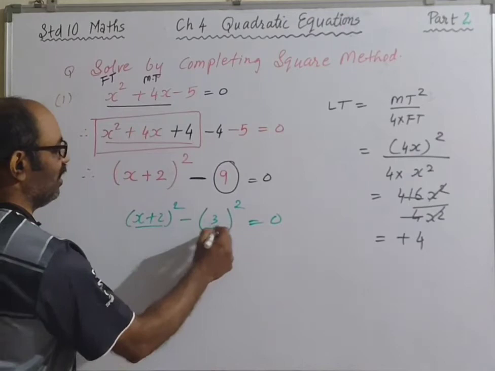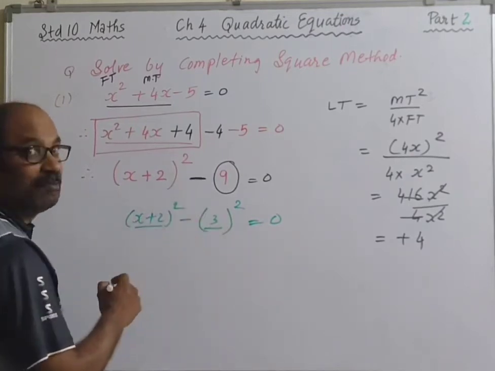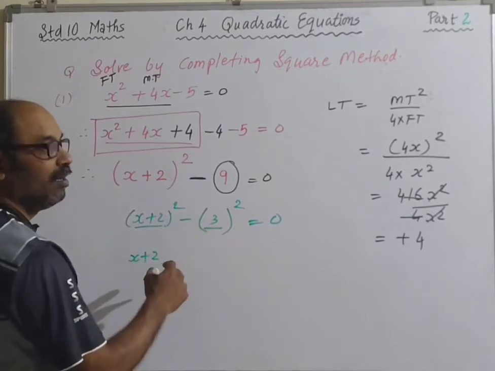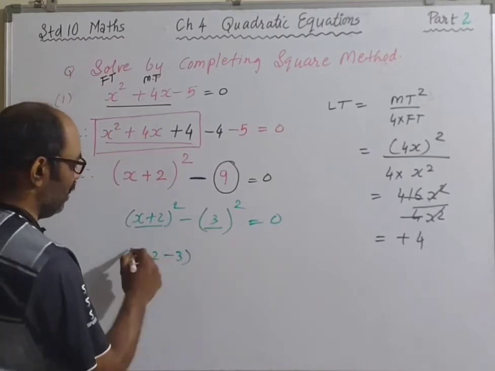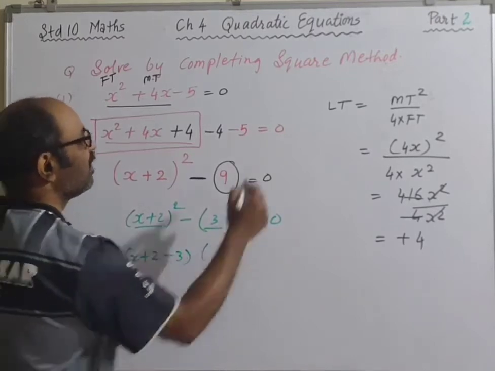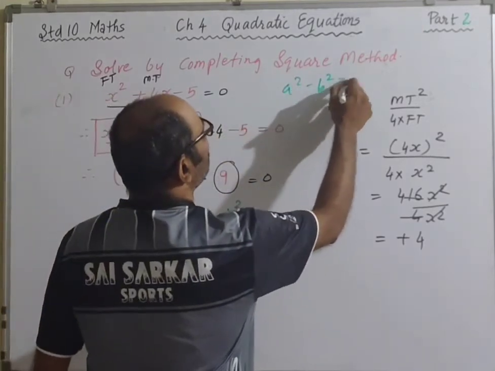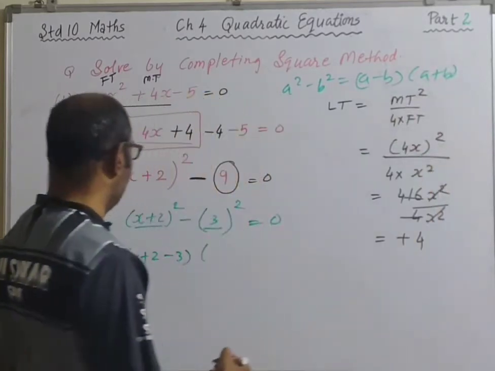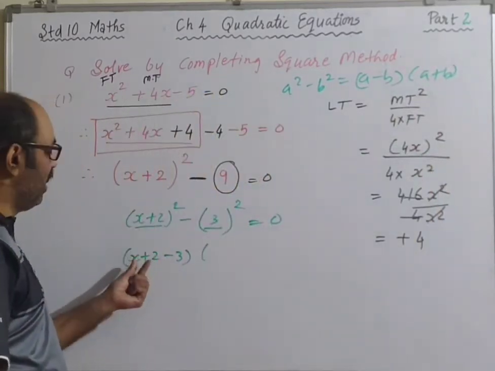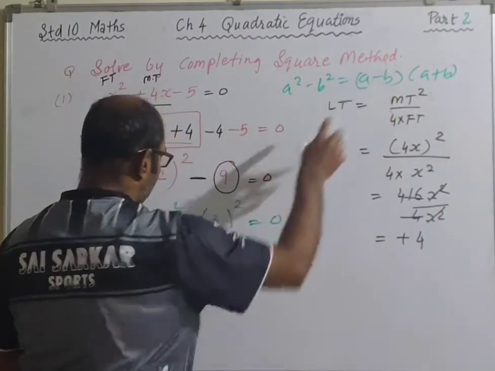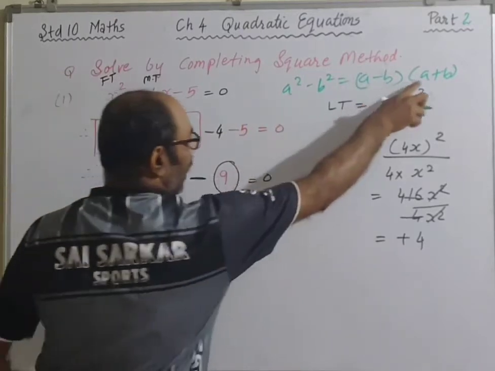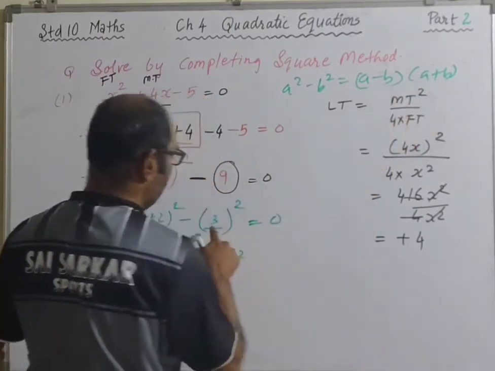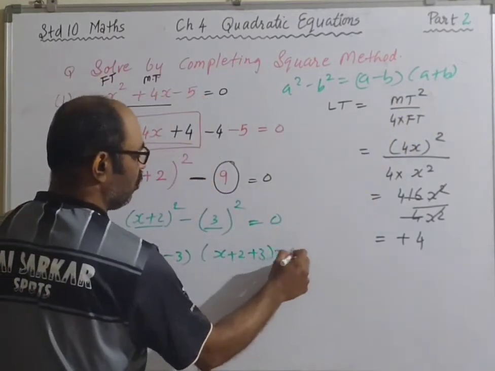Now this factorization, a square minus b square is a minus b into a plus b. What is a? X plus 2 minus b, so minus 3. Again a, so x plus 2 plus b, so that is plus 3, that is equal to 0.